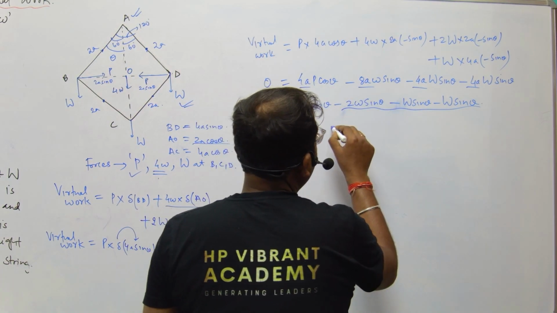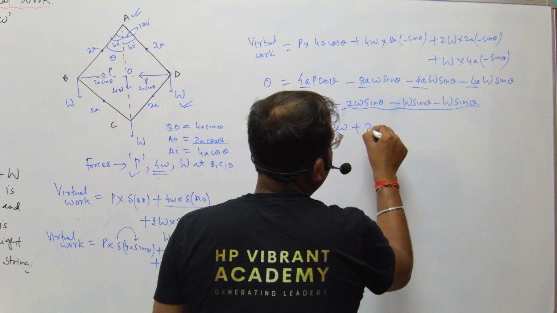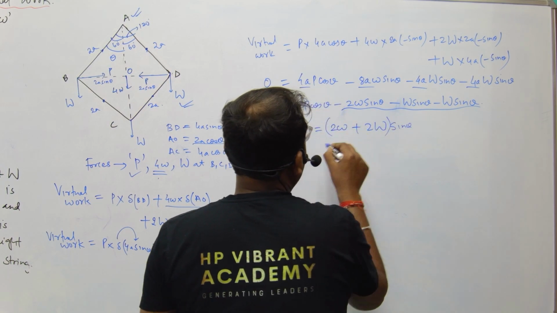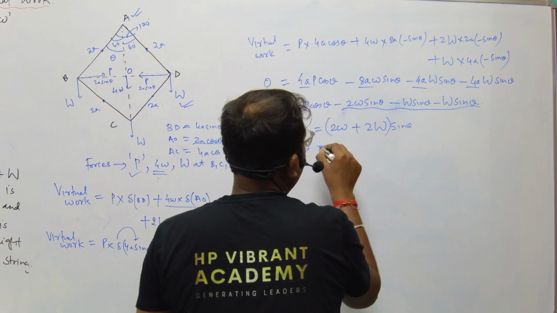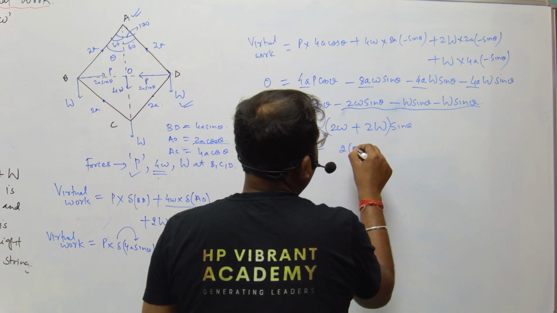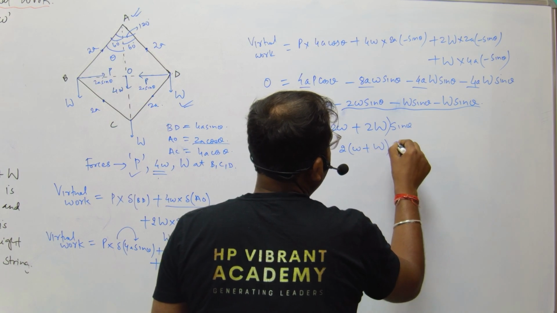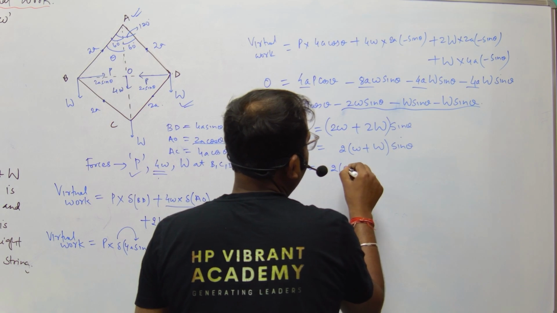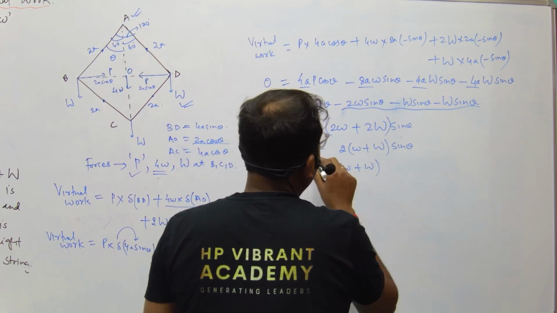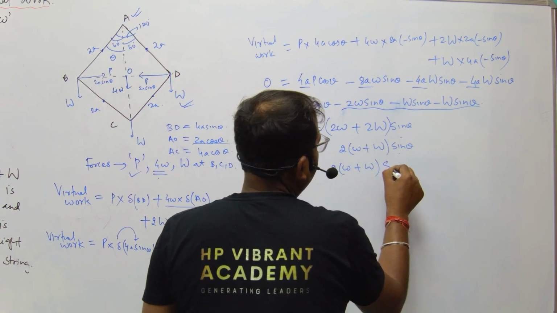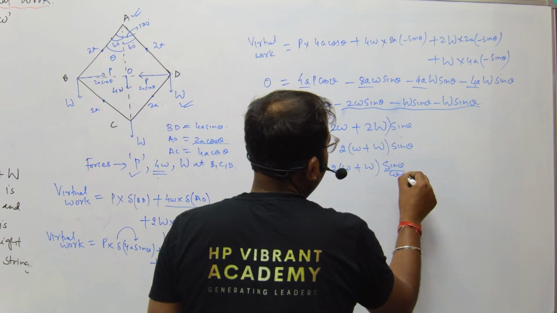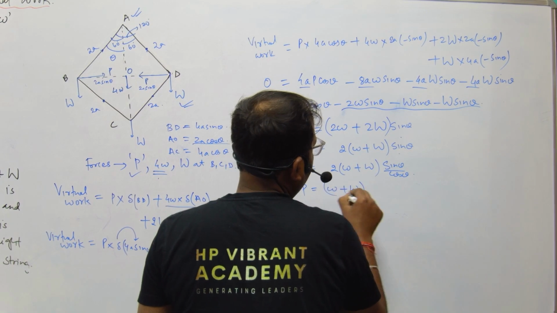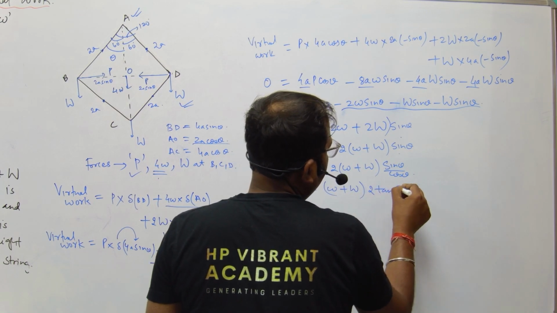So this is 2W plus 2 capital W sin theta. So P cos theta is equal to 2 times W plus capital W sin theta. So from here P is equal to 2 times W plus capital W, times sin theta upon cos theta. So P is equal to small w plus capital W into 2 times tan theta.